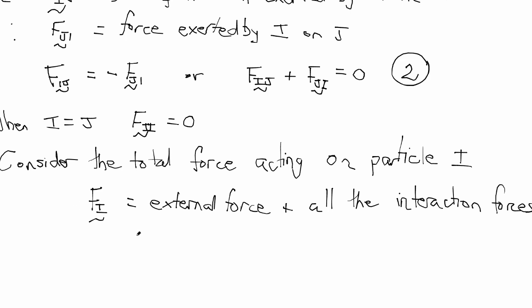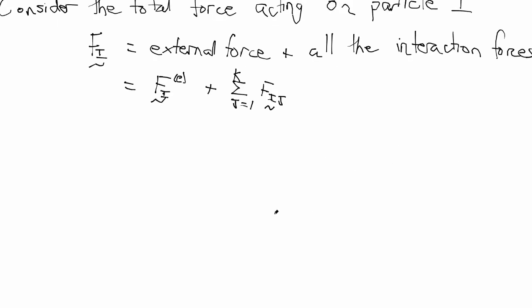We could label the external force as F superscript E sub i to indicate that it's acting on particle i, plus the sum from j equals 1 to k of Fij, where when j equals i, the contribution of Fii will be 0.